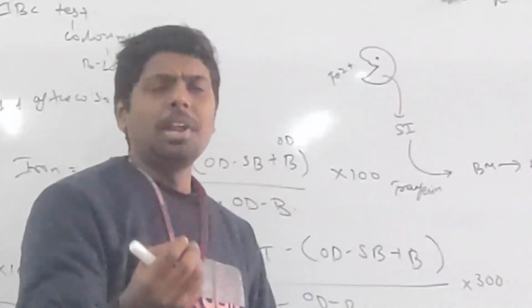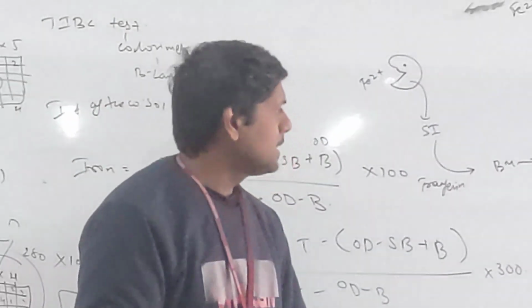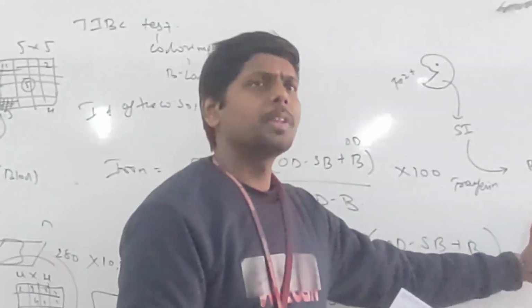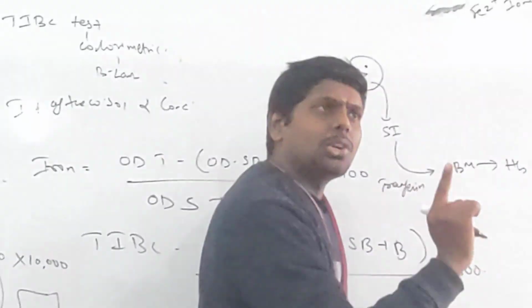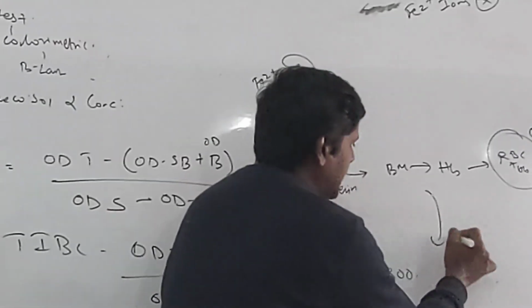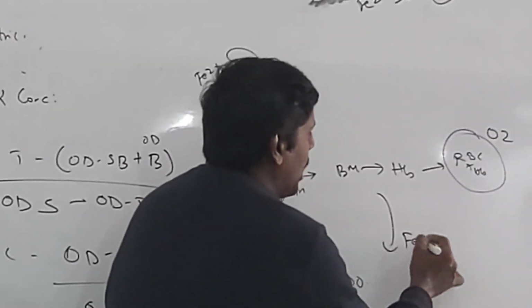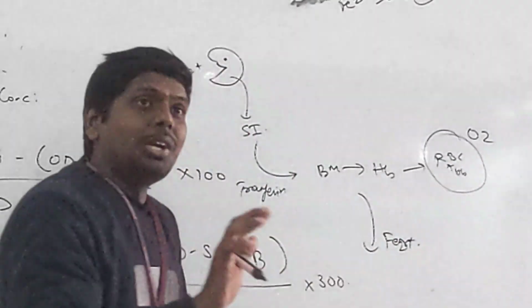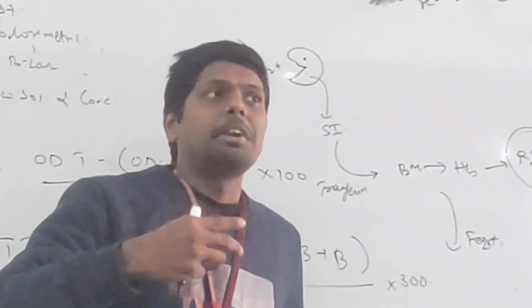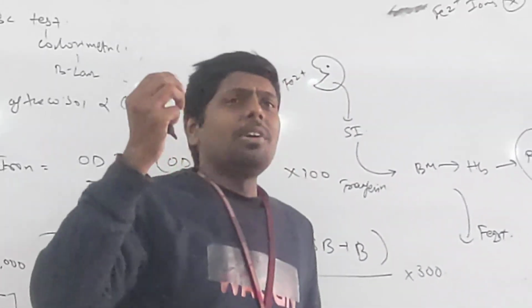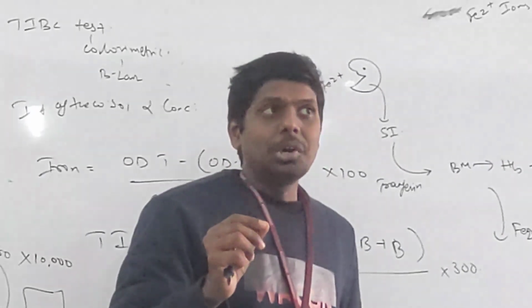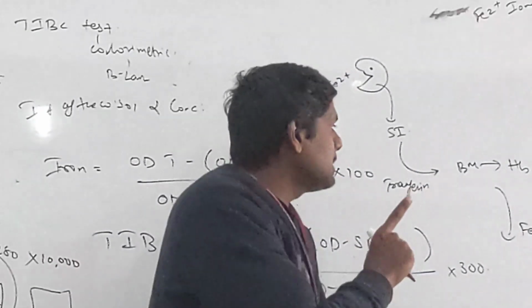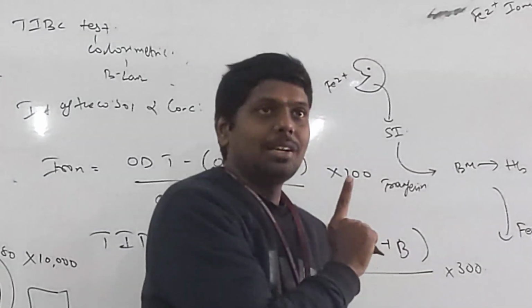Now what happens is, in our body there is a problem. The problem is we don't have a natural mechanism of excreting iron from the body. We don't have a mechanism of excreting iron ions. Whatever iron we are taking will be accumulated in the system. So we need to mitigate this issue very cautiously.